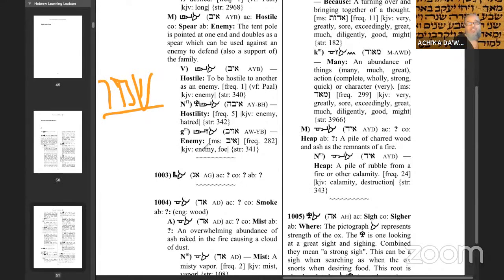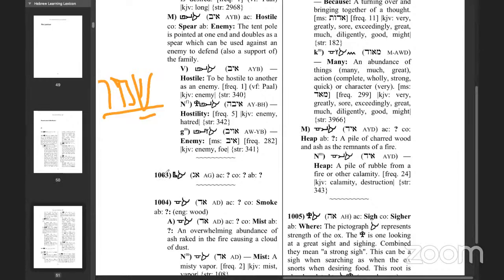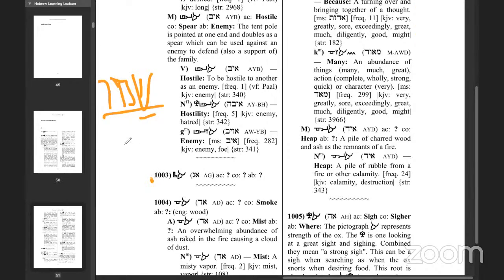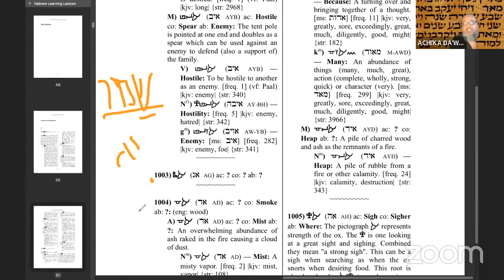That's called shamar. Is that a natural born child? No, it's not. Why isn't it a natural born child? There's no aleph in there.